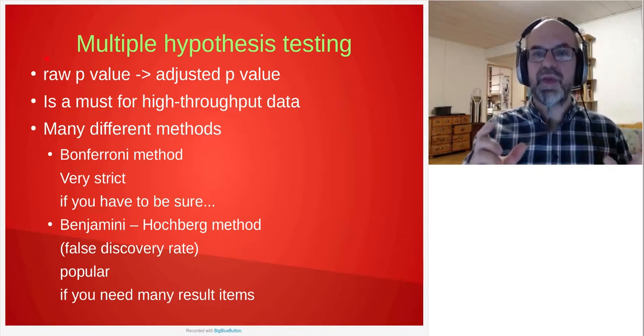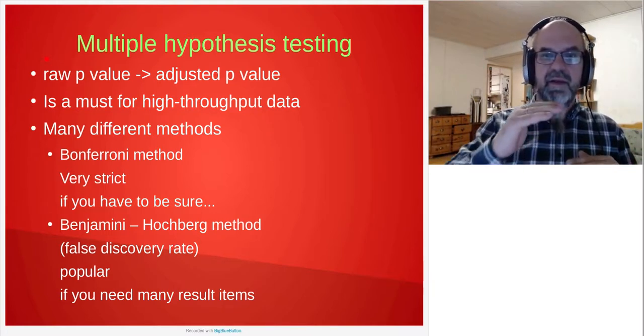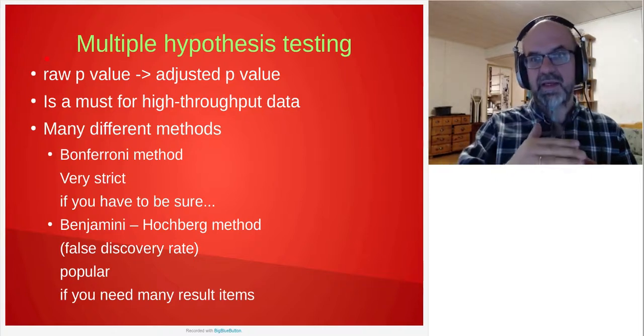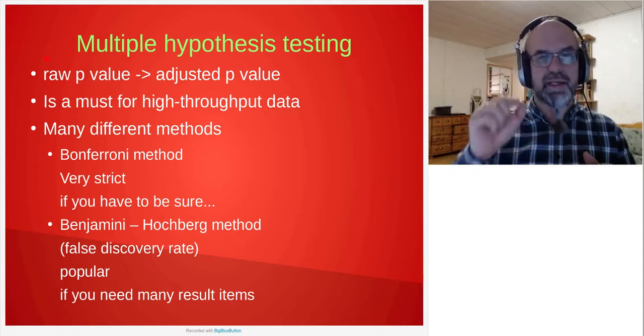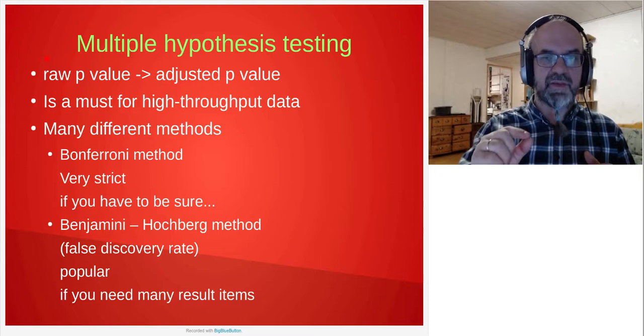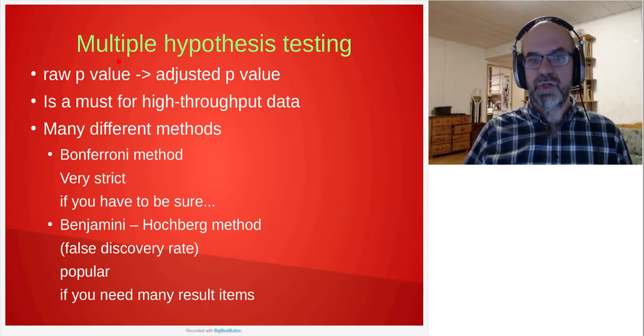And if you use a p-value threshold of 5%, then after 20 such tests it adds up to 1. So you can be sure that at least one of the terms you have identified that way will be wrong. So that's why we never use the raw p-values from this kind of calculation.